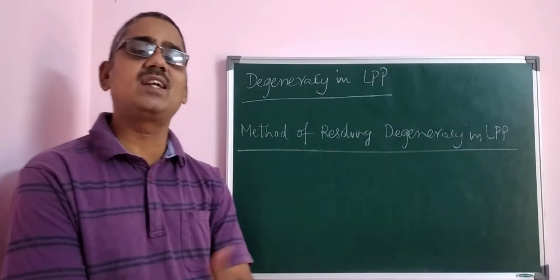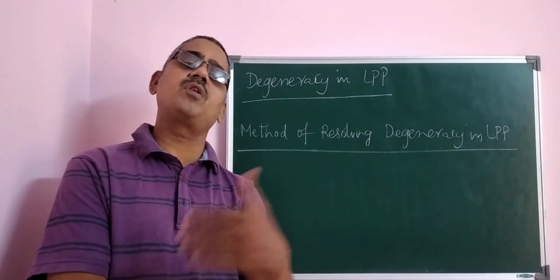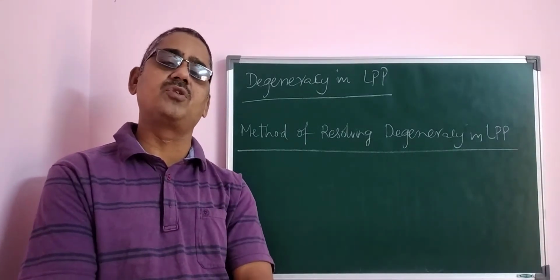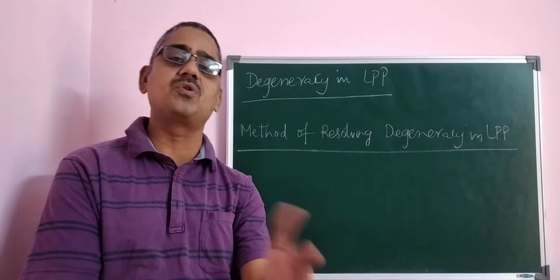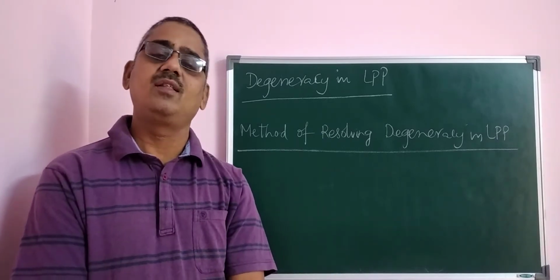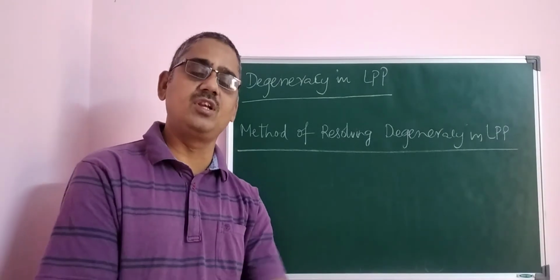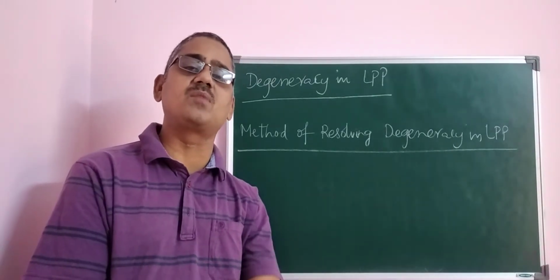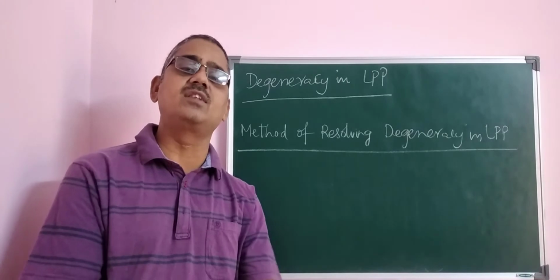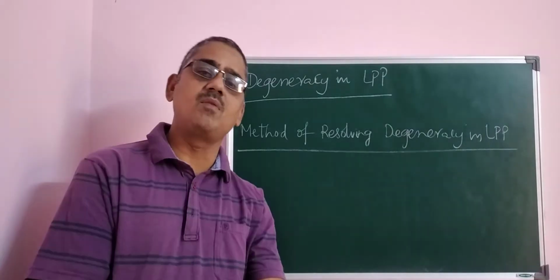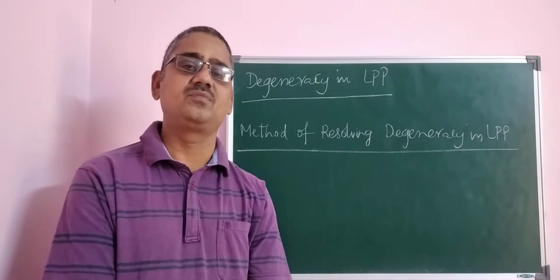In the sense that in calculating the minimum ratios, if you get more than one minimum ratio the same, then it's a problem of degeneracy.